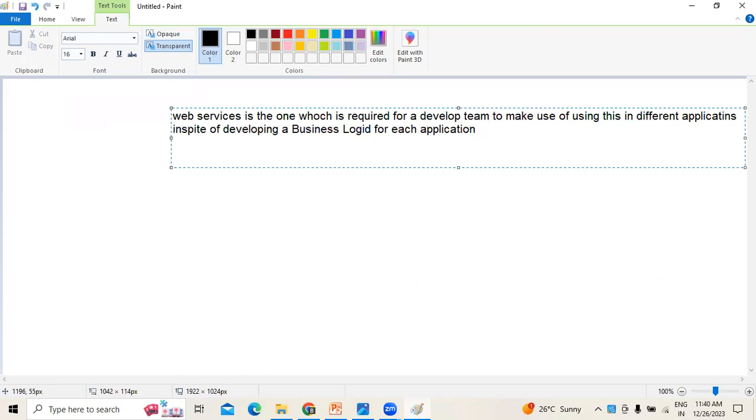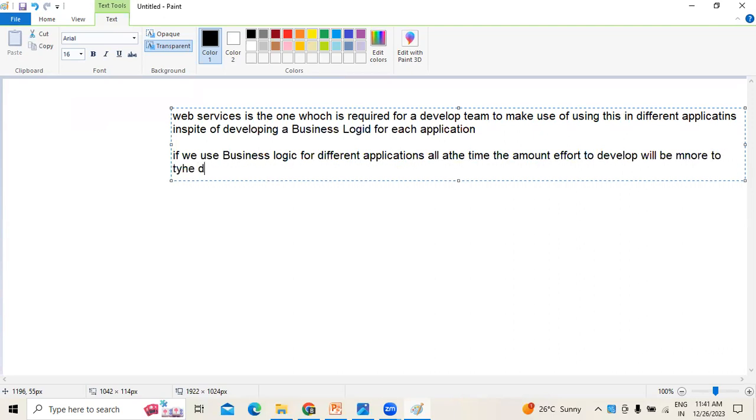If we use different business logic for different applications all the time, the amount of effort to develop will be more for the development team. This results in taking more time for development.